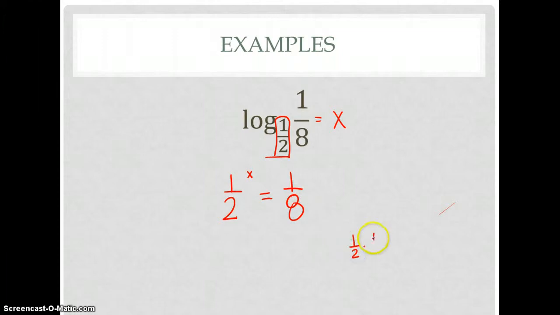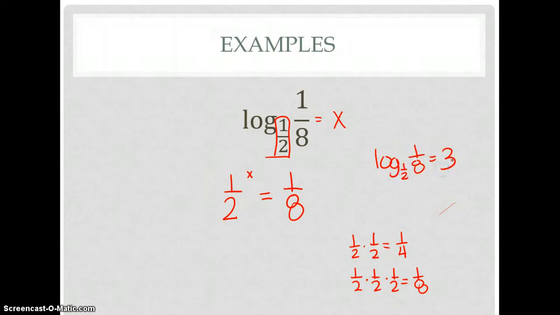At this point, the best way we have is to just multiply out and see what power. 1/2 times 1/2 is 1/4. 1/2 times 1/2 times 1/2 is 1/8. Again, this is just a coincidence, I didn't intend for all of them to equal 3. That's just how it's working out. So 1/2 to what power is 1/8?